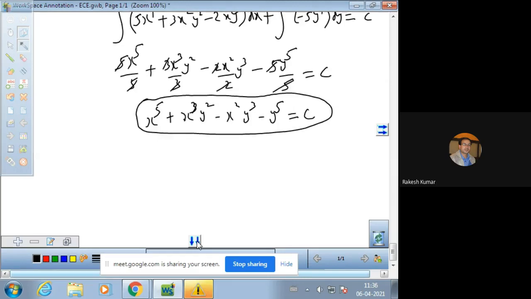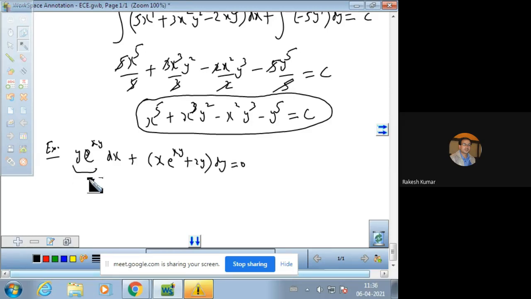Now the next example is y e raised to power xy into dx plus x e raised to power xy plus 2y into dy is equal to 0.